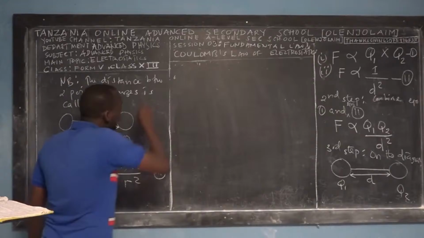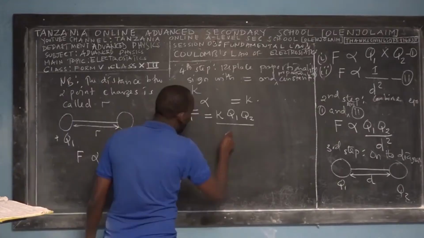That means we now replace the proportionality sign with an equal sign and the constant. So the force is equal to the proportionality constant K times the product of the charges over the square of the distance between the two charges.